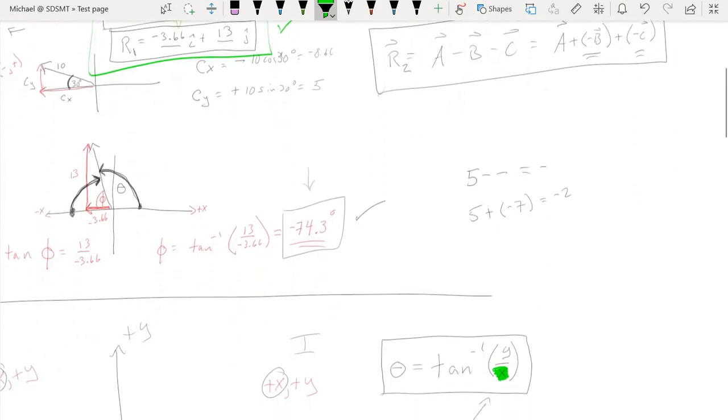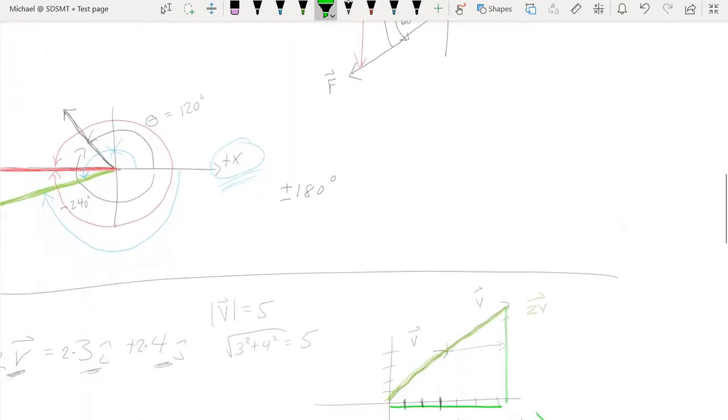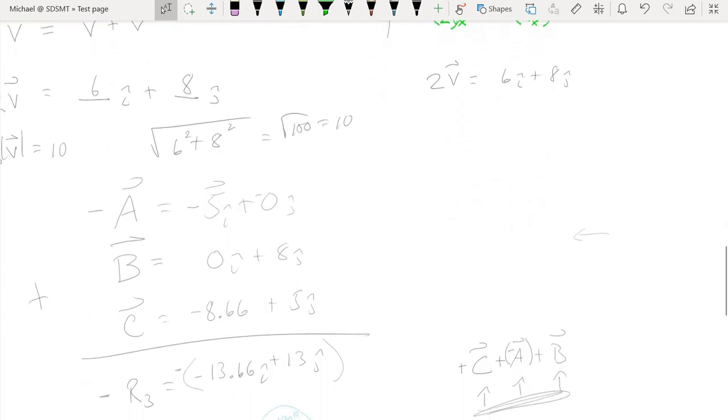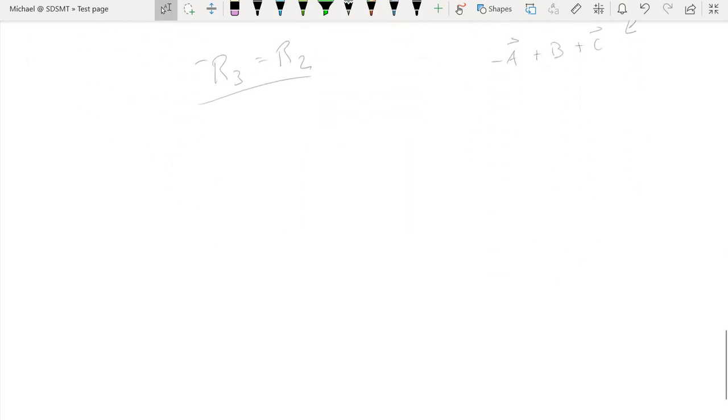Alright, we'll be back with at least one more video after this. We want to look at a few more vector combination problems in terms of the math, and then we want to look at some more situations where we have vector multiplication.